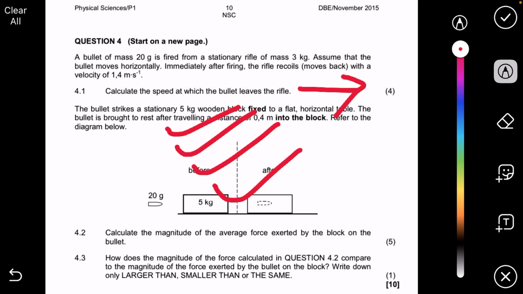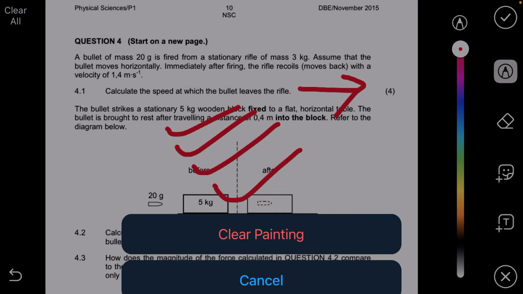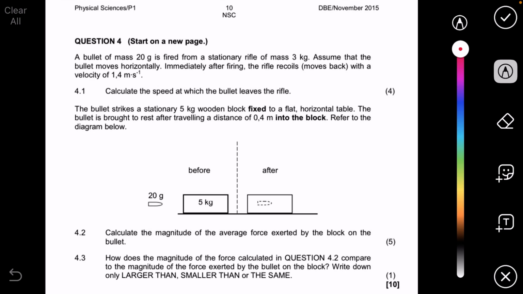So guys, someone might ask me a question: does our final answer really need to have a direction? Ladies and gentlemen, I'm going to say not really. Why? Because they said calculate the speed. Speed is a scalar quantity, which means it does not have a direction, it only has a magnitude.